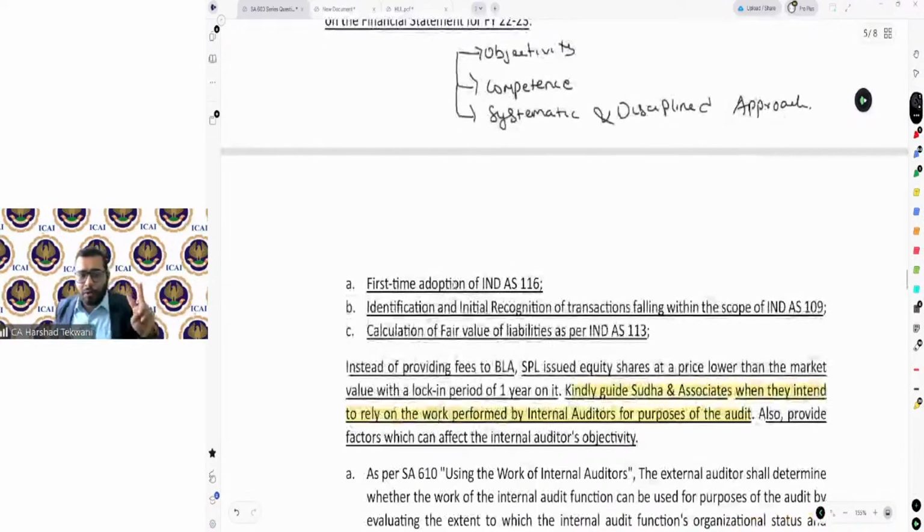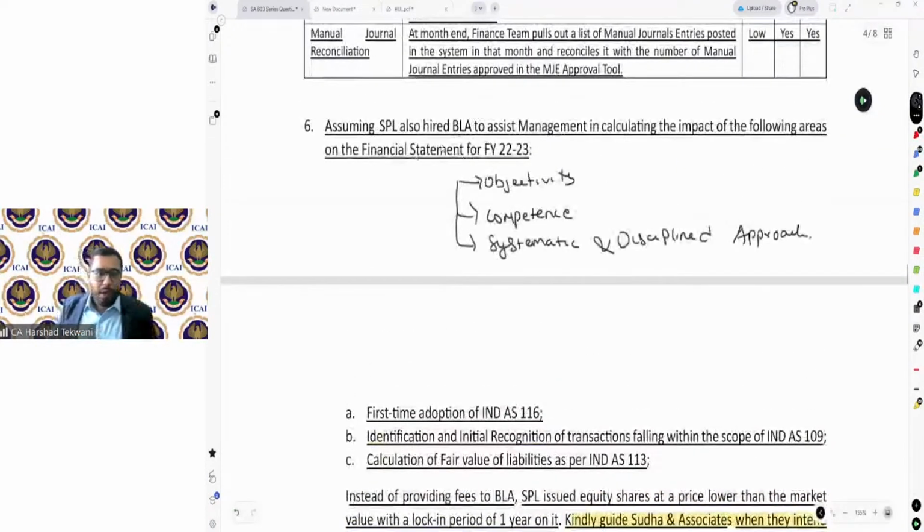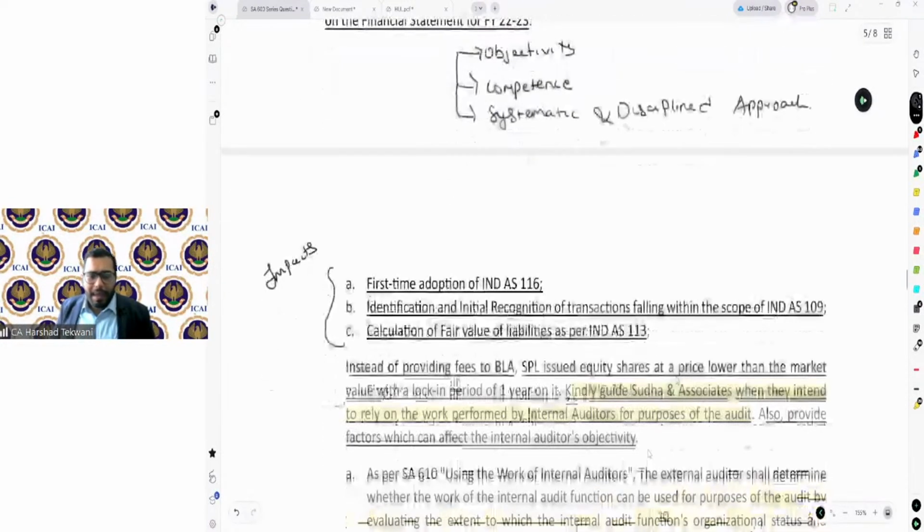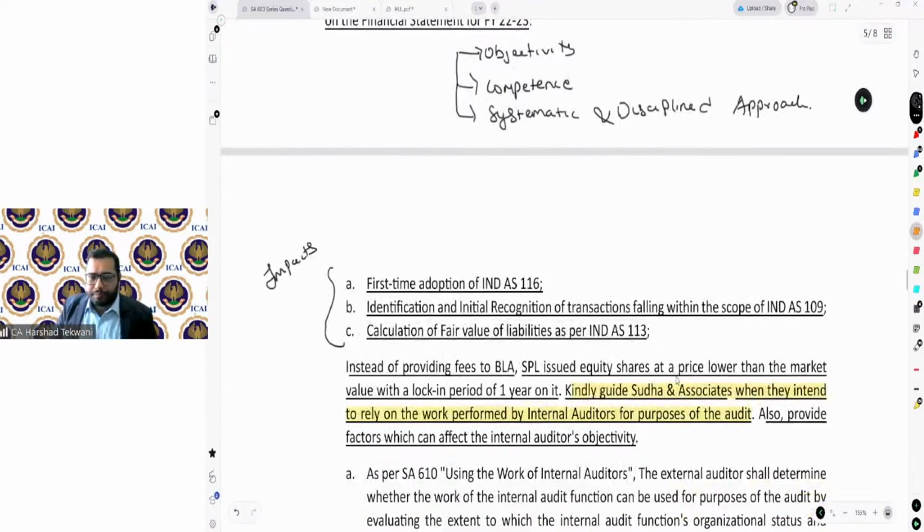Now, in the current case, there are two things. Number one, BLA is also assisting the management in calculating these impacts. Plus, BLA is also receiving equity shares at a lower price than the market value as fees.